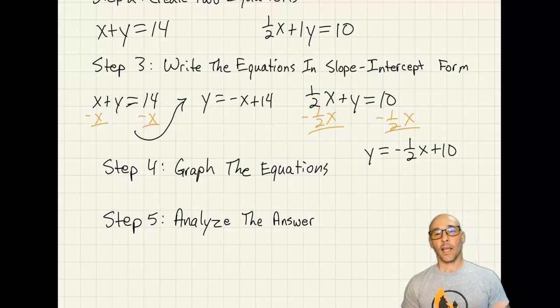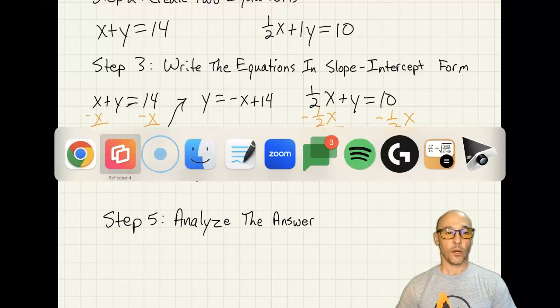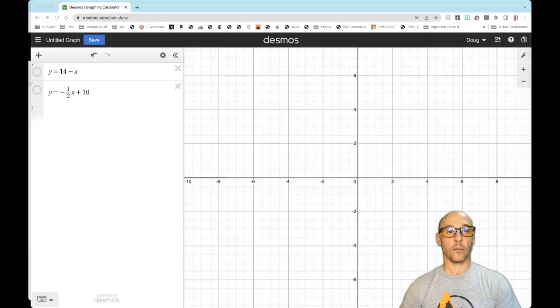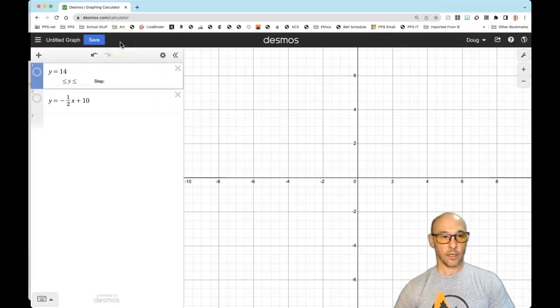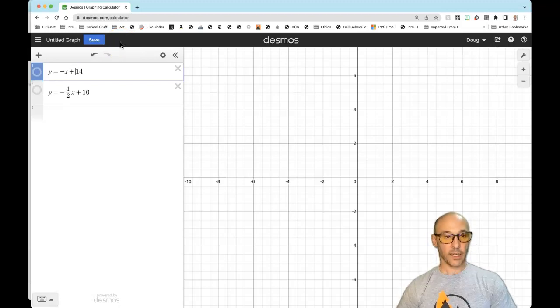All right, so we have those two equations, and then the next thing we need to do is to graph. So I'm going to go to my Desmos graphing, and I actually want to rewrite this as a negative X plus 14, like I did on the piece of paper there.